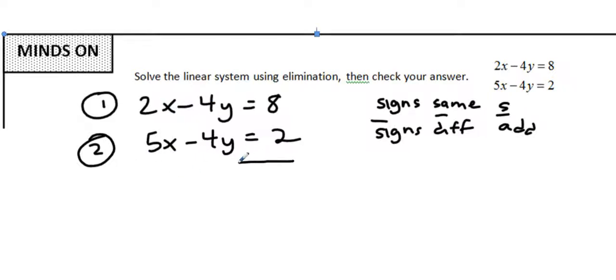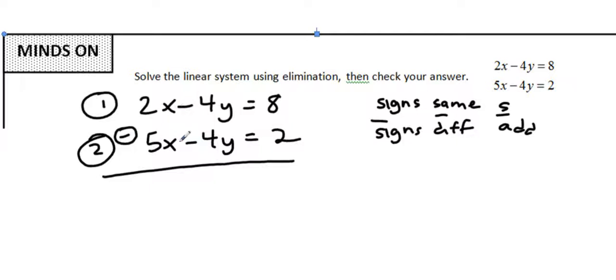So I'm just going to put a big old line here. I notice the signs are the same, so I subtract. And that's kind of tricky. It's easy to think about it when you have the positive numbers that are the same. 2 minus 2 or 4 minus 4 is 0. But minus 4 minus minus 4, that's a lot of minuses, but minus 4 minus minus is a plus.